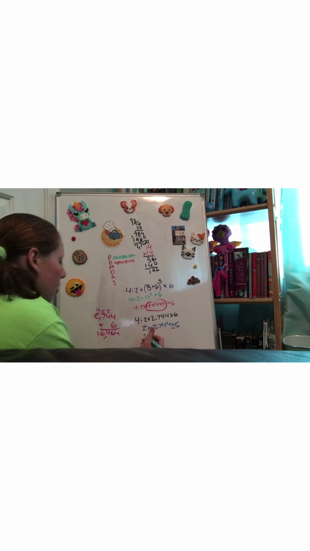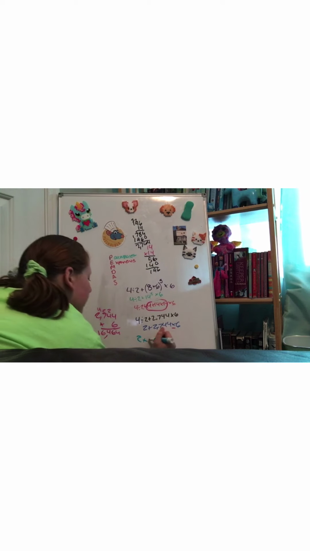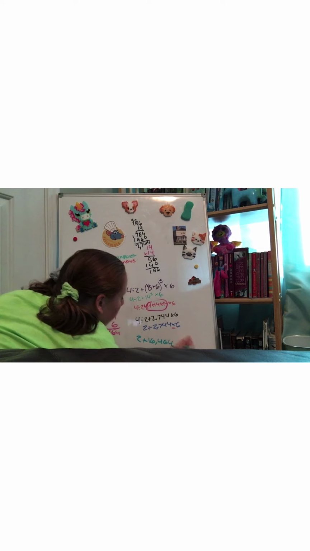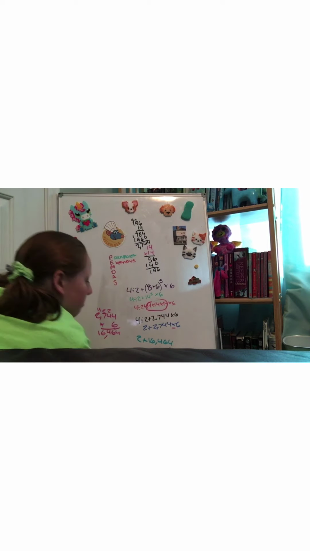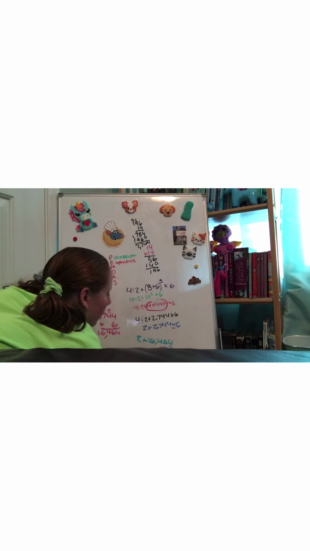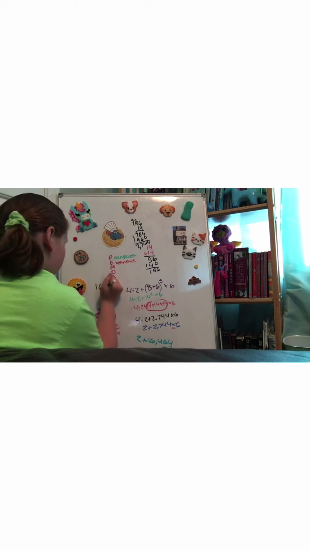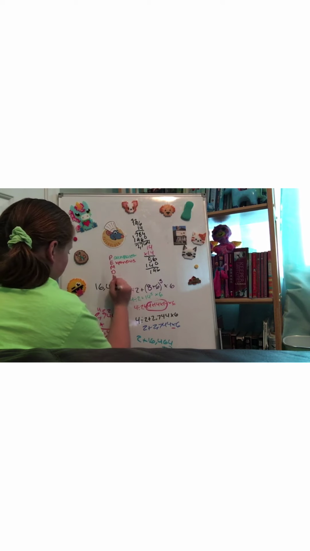Well, I got 16,464, which means down here we are going to write 2 plus 16,464. Now, this one's pretty easy. Just add 2 to the bottom, and our final answer should be 16,466.